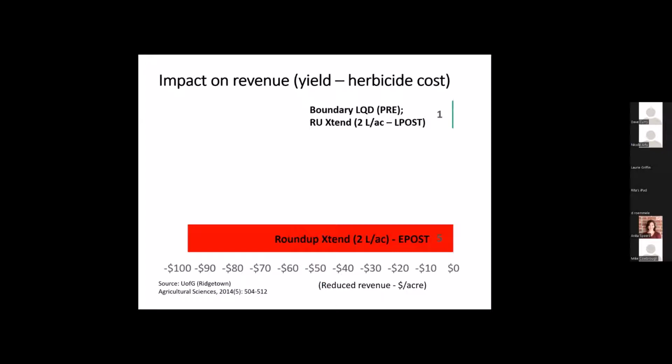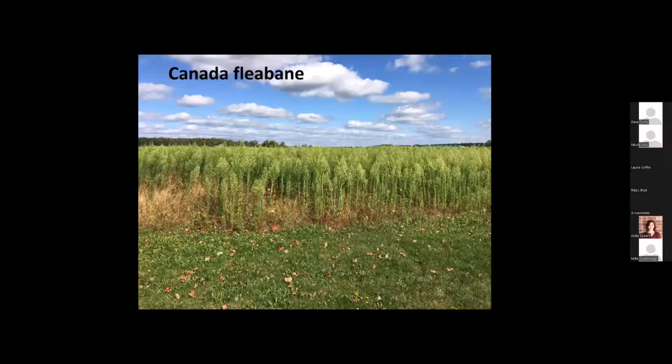And then you have things like Canada Fleabane, which, glyphosate resistant, fortunately doesn't germinate over a long period of time. It's relatively there in the early part of spring and doesn't have a huge germination window.